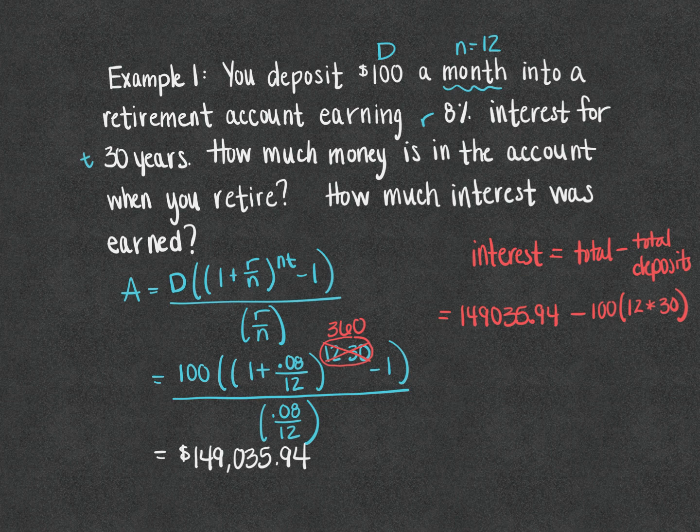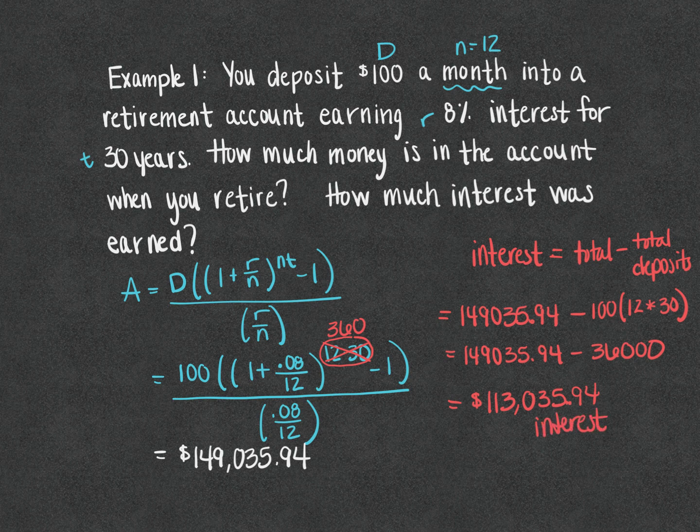So what that means is when it comes to the amount of money that was out of your pocket, $36,000 is what you deposited, but $149,035.94 is what you ended up with. And so because of that, you earned $113,035.94 in interest.